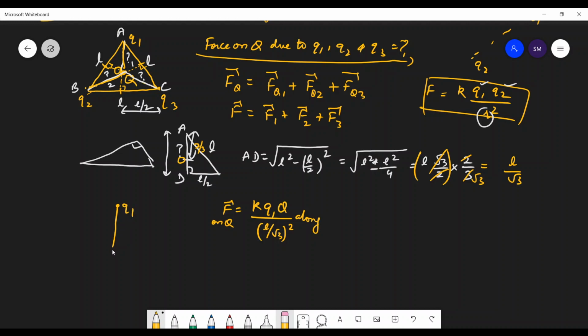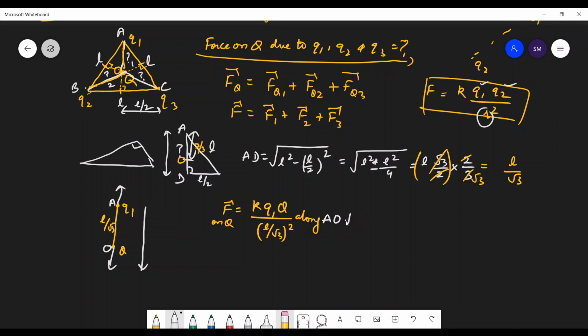This is Q1, this is Q2, Q, and the distance between them is L by root 3. So I am calculating the force on Q due to Q1. It will be repelled in this direction. This point is O and this point is A. So the force on Q is along AO.